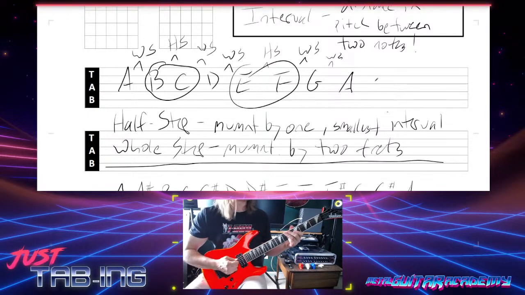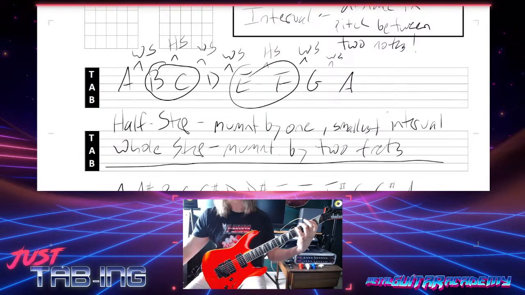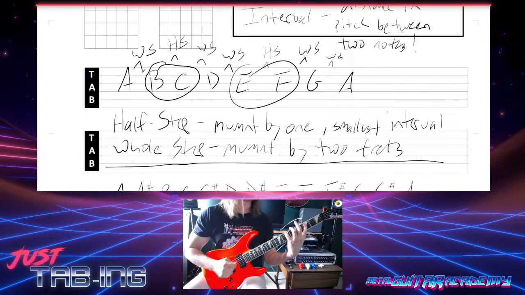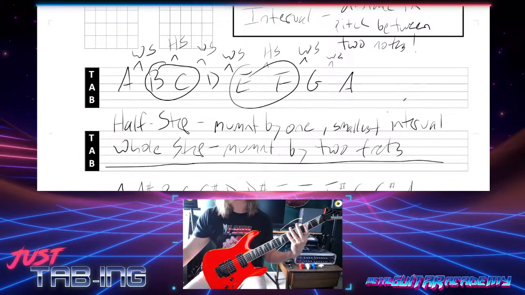So when I'm playing that riff, I'm going A to B. Notice that would be those two notes in the scale. That's a second. Then I went B to C. Those two are in the scale, but this is going to be a minor second, or a half step.